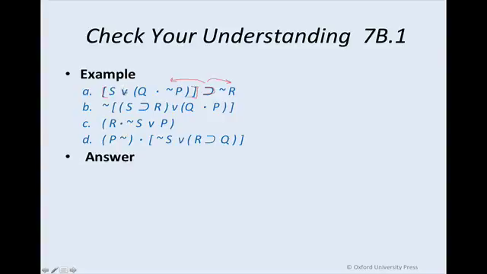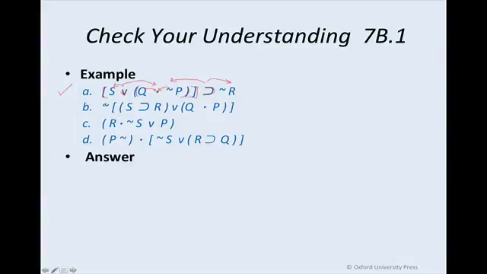We have a disjunction that's in between two sentences, one of which is simple and one of which is compound. The compound sentence is separated off from the disjunction by way of a pair of parentheses, and there is a dot that conjoins the Q and the not P. So this one looks good.